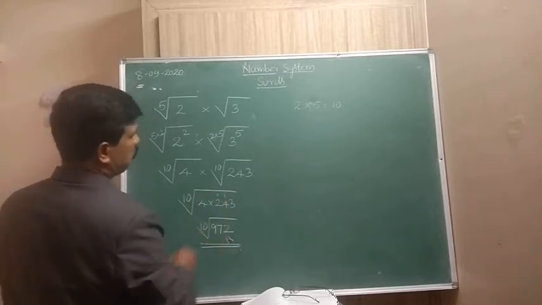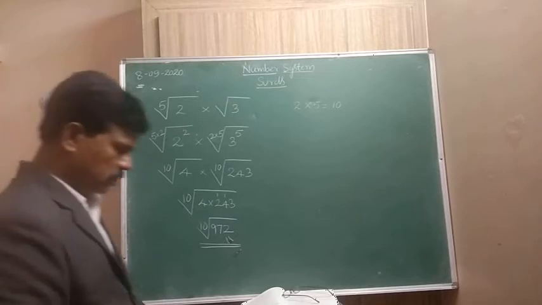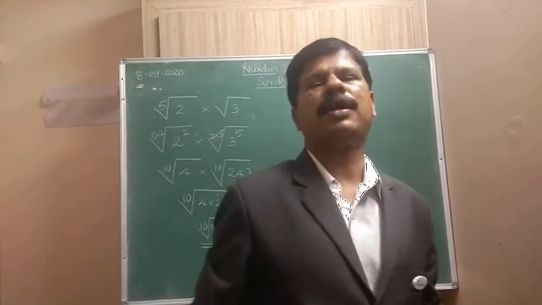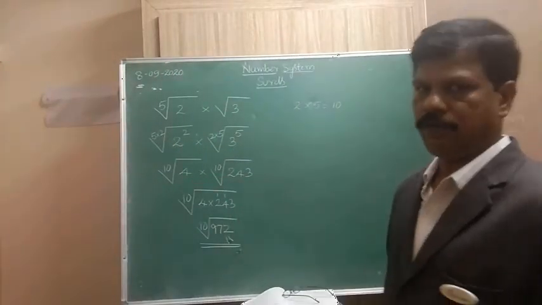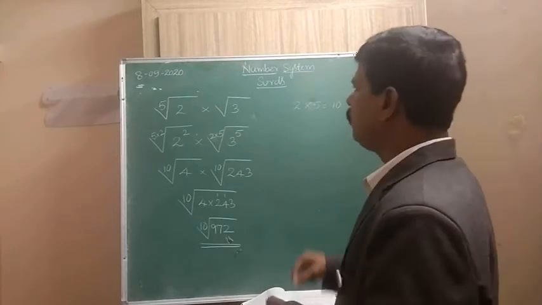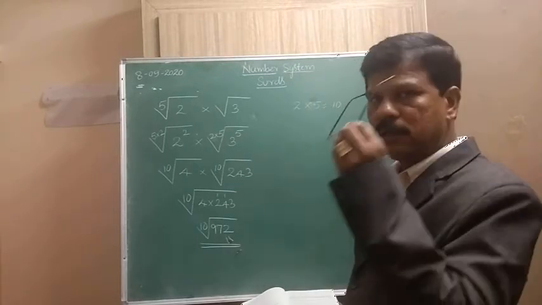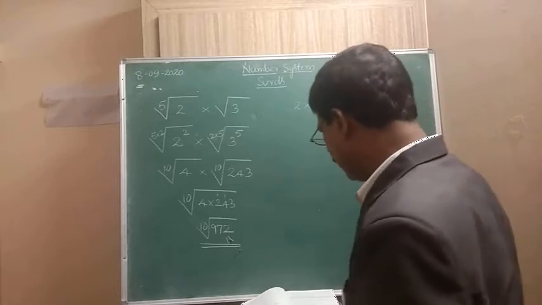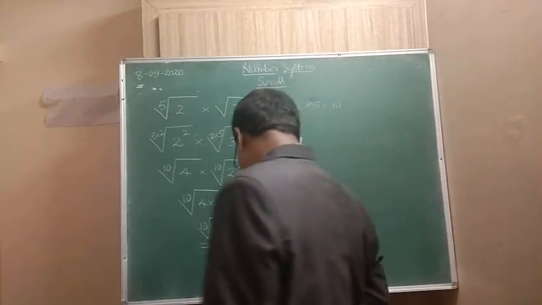So this is the product of two surds with different orders. Clear? This is how to multiply surds with different radicals or orders.